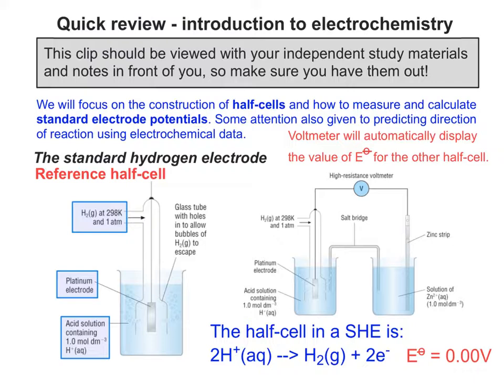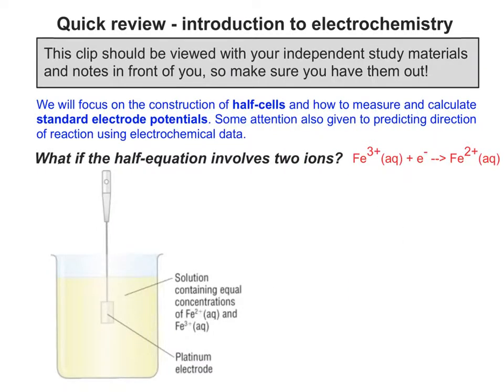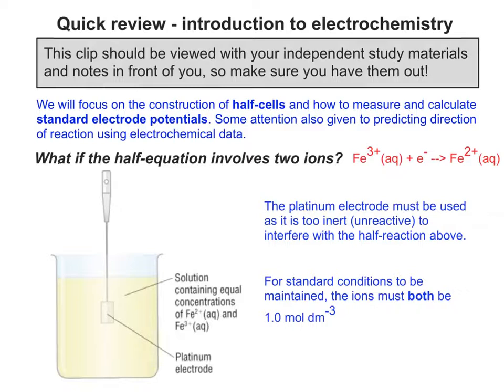So to finish off, let's have a look at some other types of cell. When you get a reaction where two ions are actually reacting with each other, you have to use a special type of cell here. The platinum electrode must be used because as a metal it's too unreactive to interfere with the half reaction that's above in red.